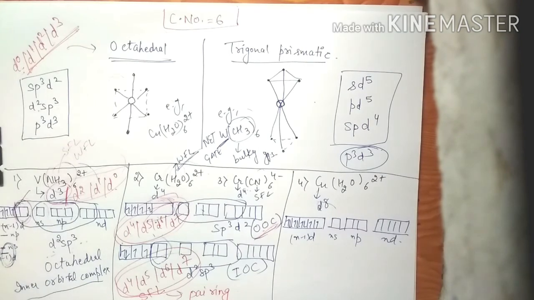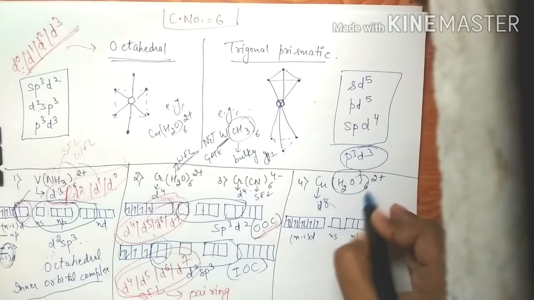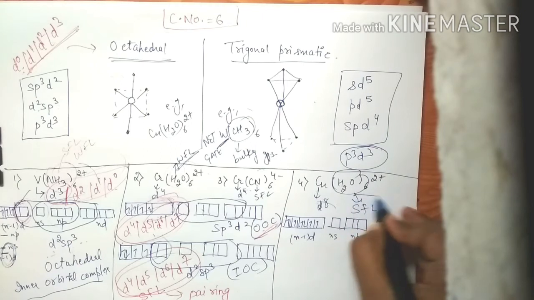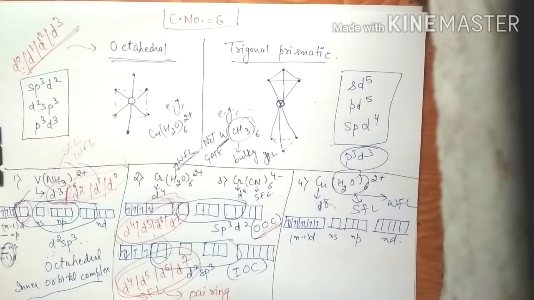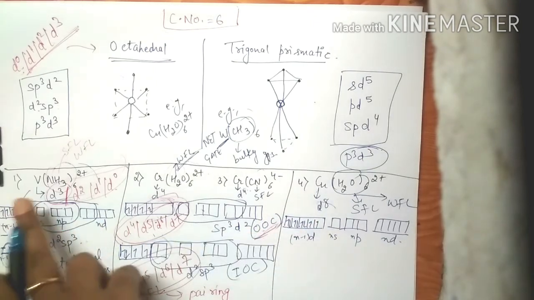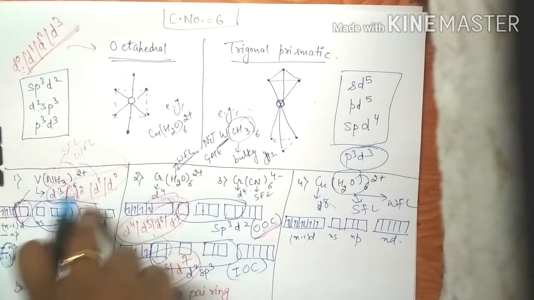Whether the ligand is a strong field ligand or a weak field ligand, we are not going to look at the type of ligand, same as the case of d0, d1, d2 and d3.